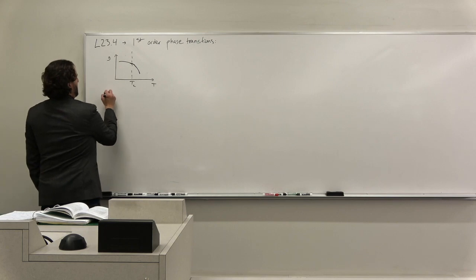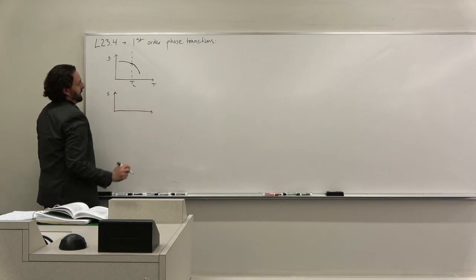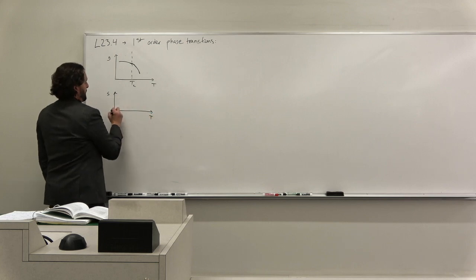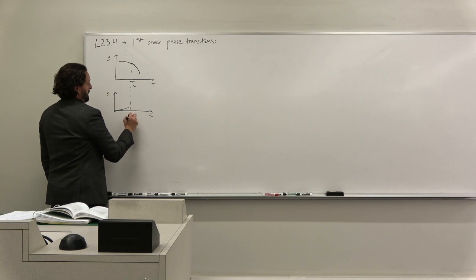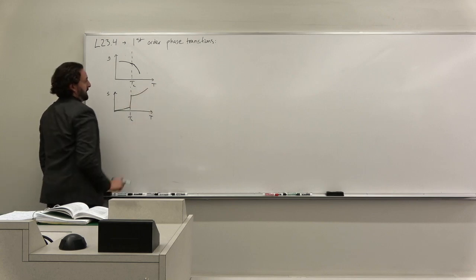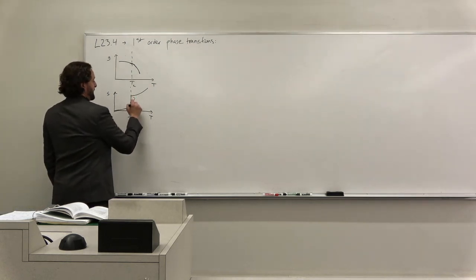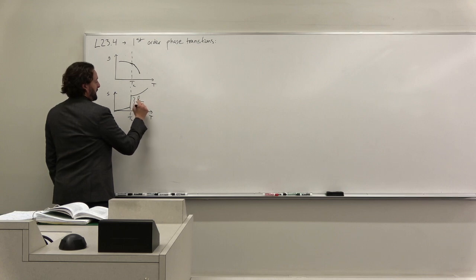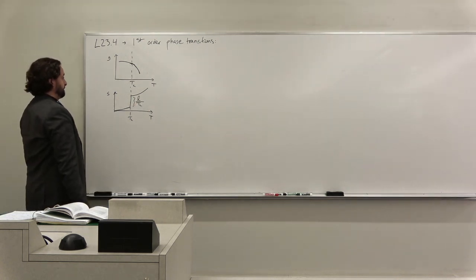And that led to a change in the specific entropy, a jump in the entropy. And then this had some latent heat associated with it. And so we called this a first order phase transition.